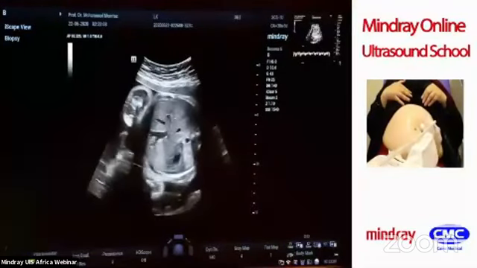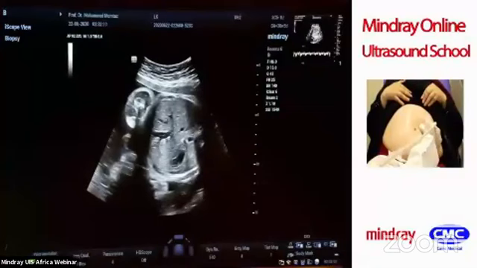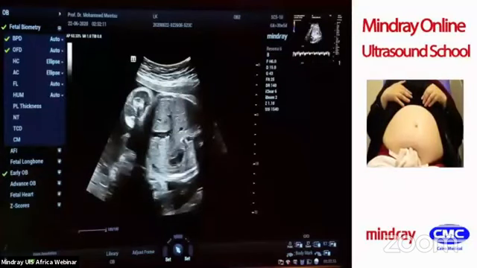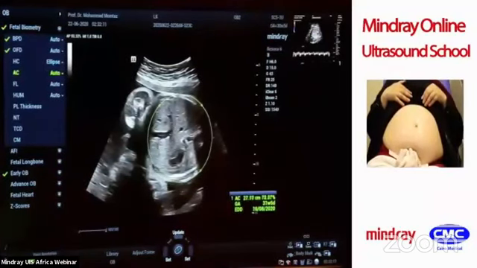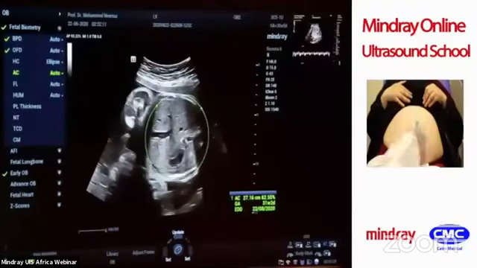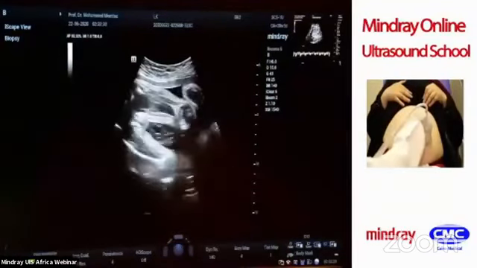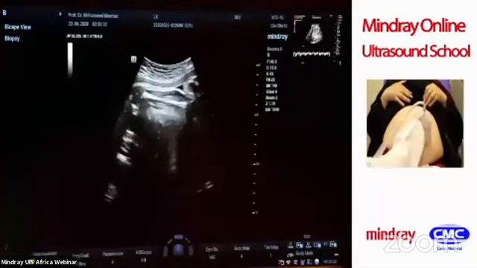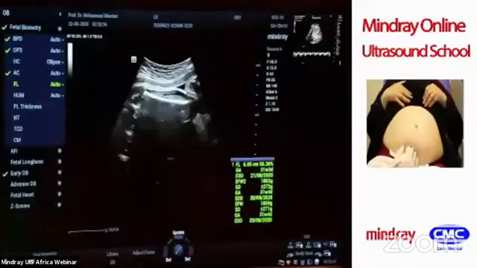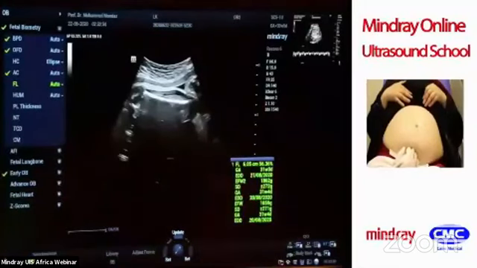If you get the proper plane, the measurement also can be automatically detected. And here you just need a very slight modification to move the cursor, and then you press set, and here is the abdominal circumference. The same also goes with the femur length. You just get the plane of the femur length, and you choose auto, and here it is. So the whole measurements are there.